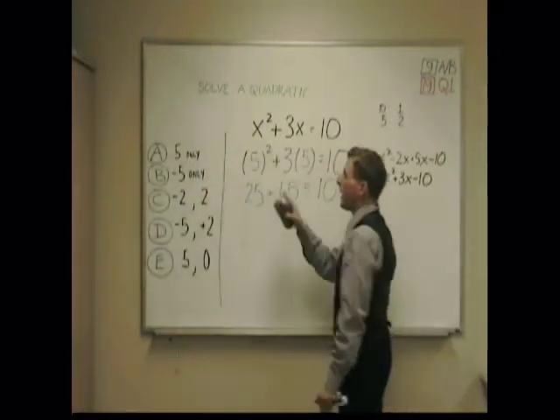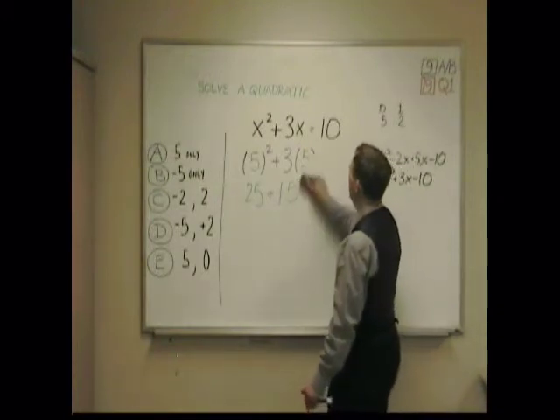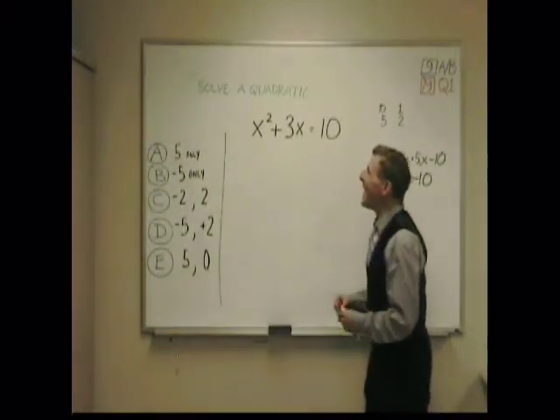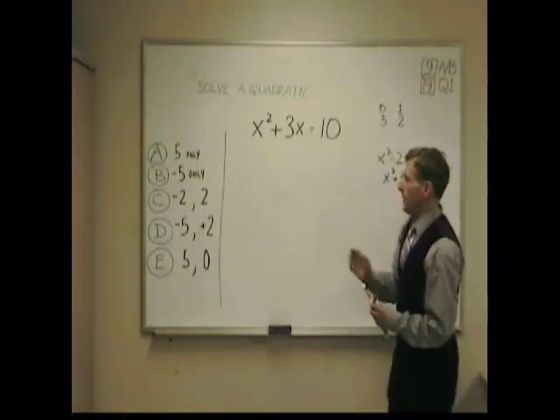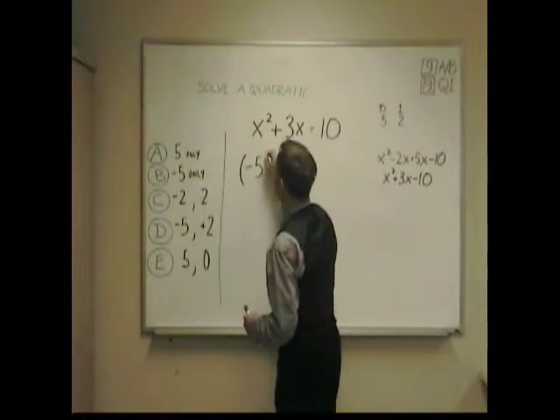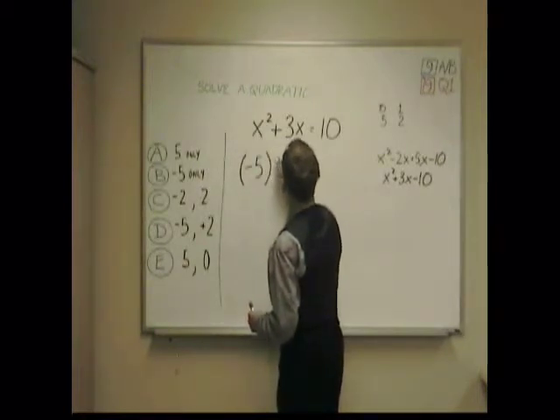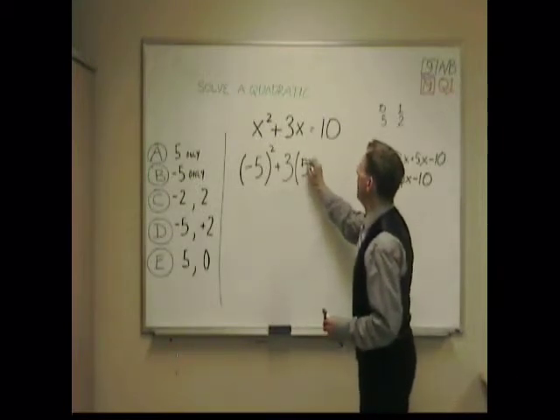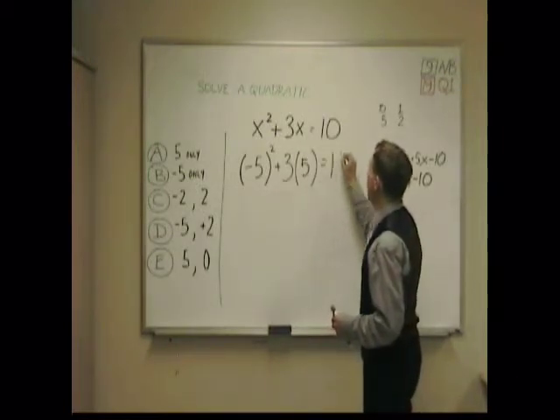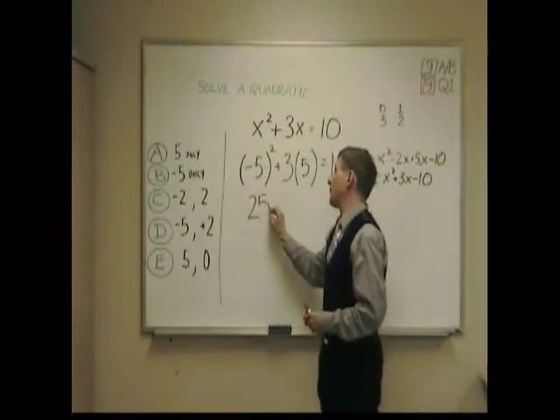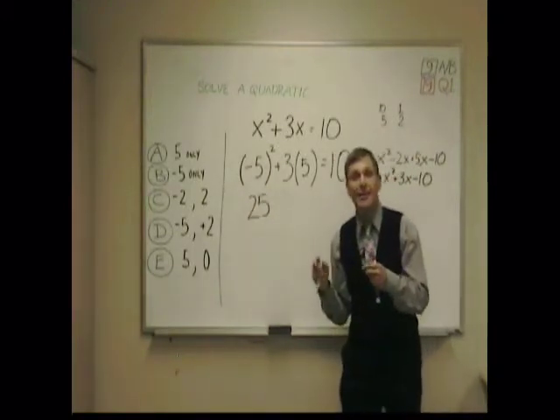So let's try B. B says -5 only. -5 squared plus 3 times -5 equals 10. -5 squared is 25, because the -5 is in parentheses.